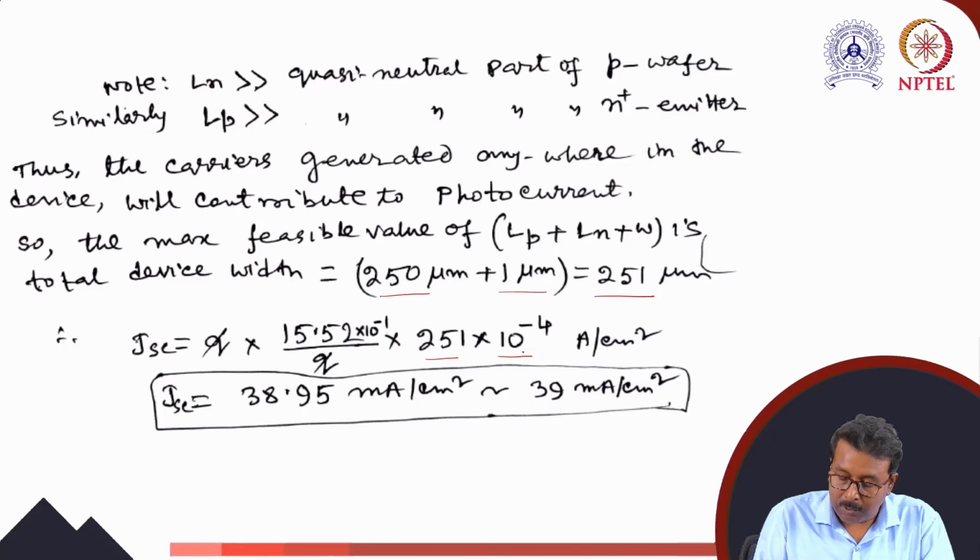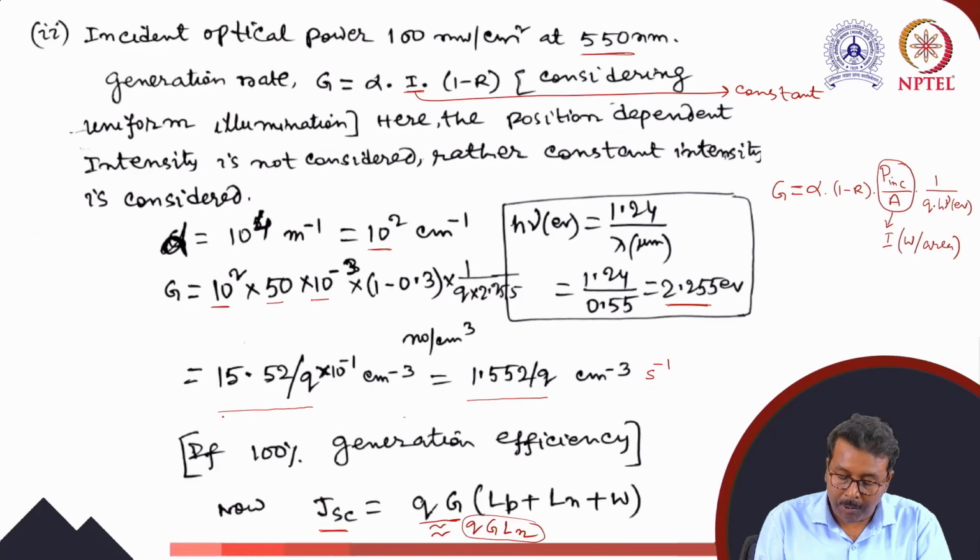Per centimeter square. That's why area is not multiplied: in the formula you see area is not mentioned, as it is a JSC value.